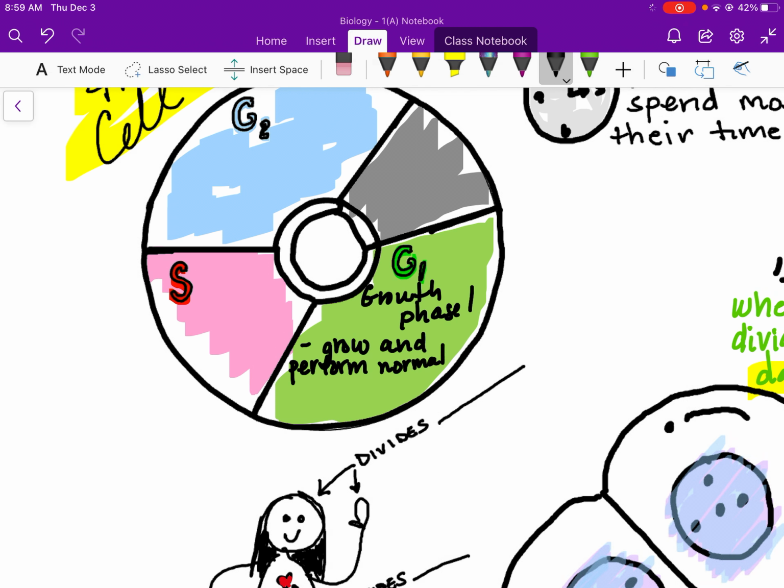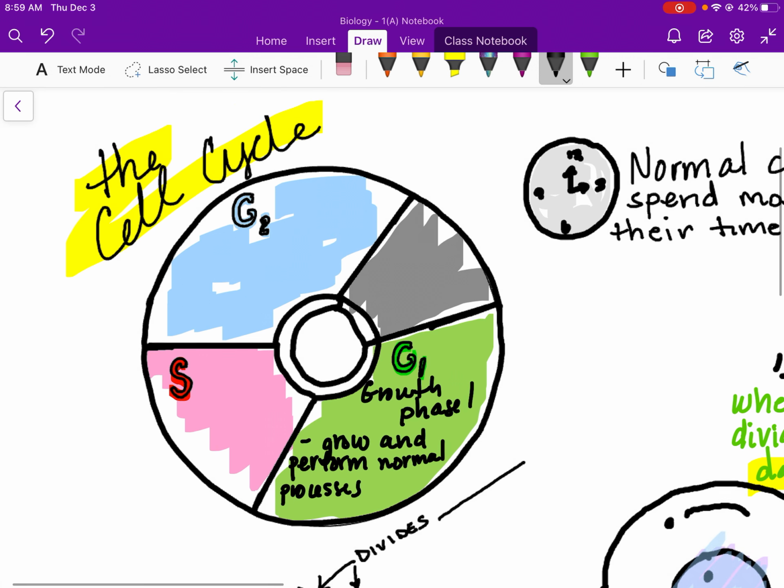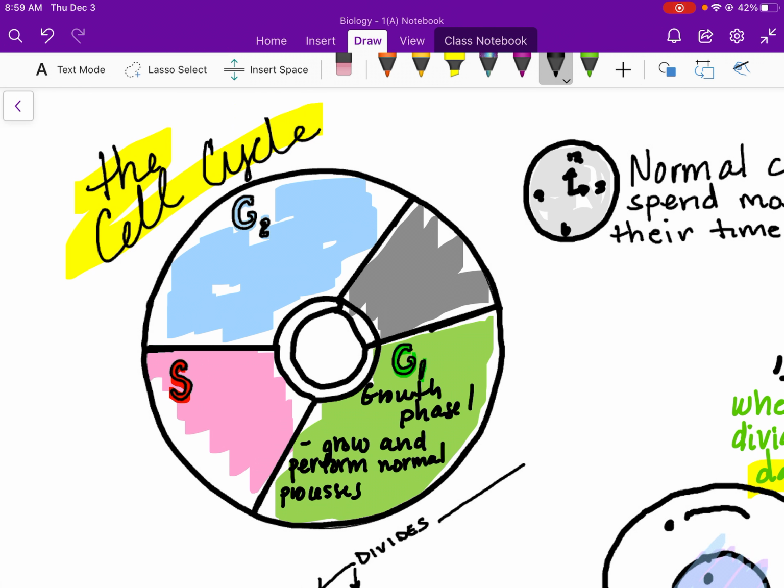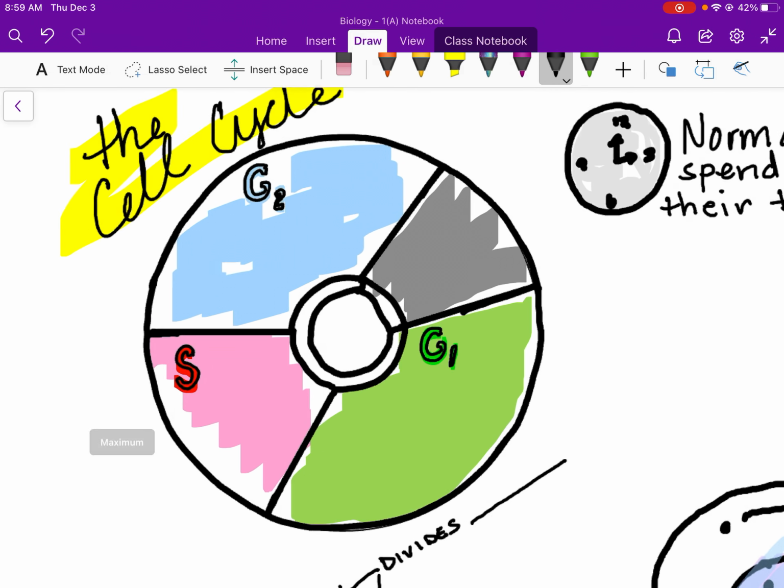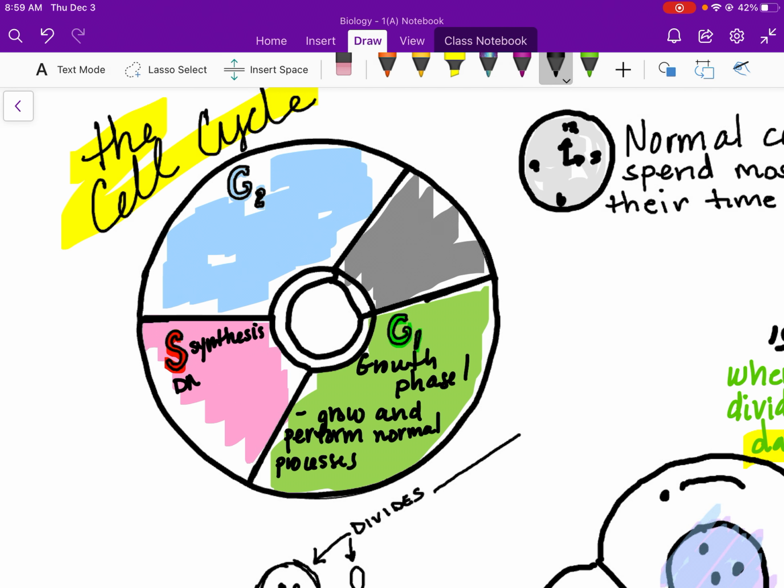So this is your everyday cell. As they get closer to the point when they're going to go through mitosis, they enter the synthesis phase. Remember that the word synthesis means to create. So in the synthesis phase, we get DNA replication. The replication itself is not part of mitosis, but is the lead-in to mitosis.